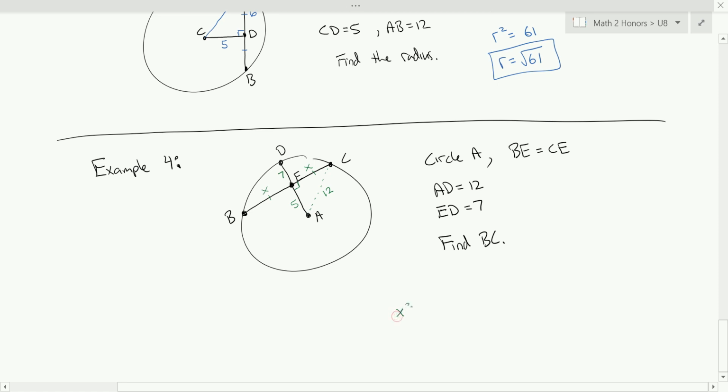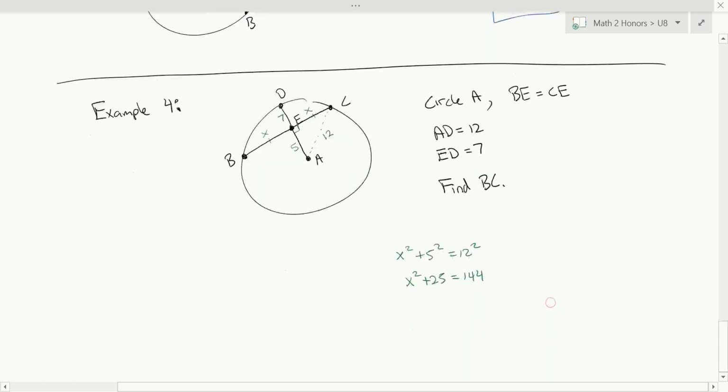So you got X squared plus 5 squared is 12 squared. You get 119, is that right? So X is root 119. So what's BC? 2 root 119. Okay.